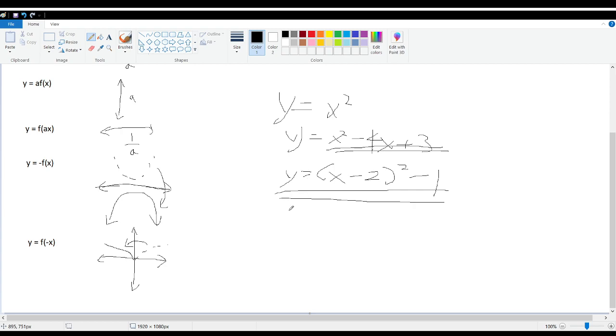First of all, let me note this down. X squared, and move something like this, right? X minus 2 squared. So as you can see, this is moving in the x direction, or should I say the translation of the function.